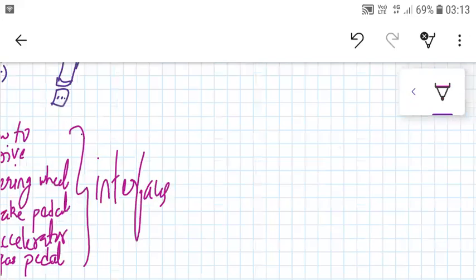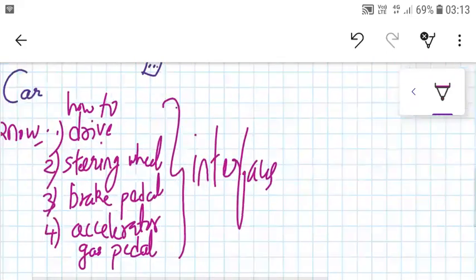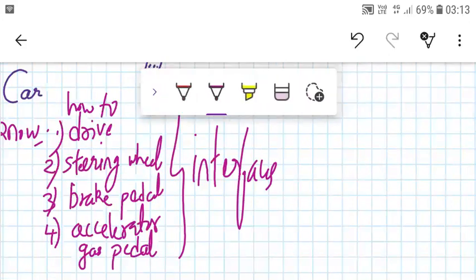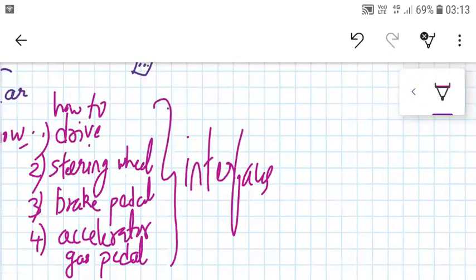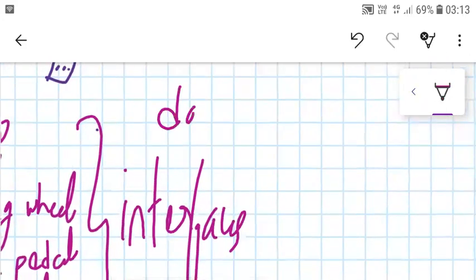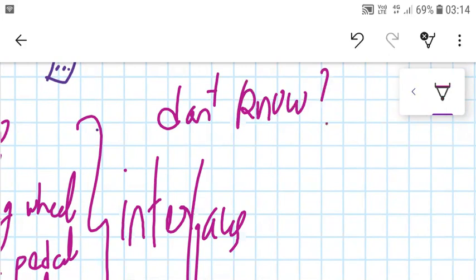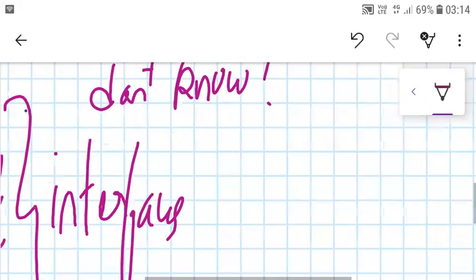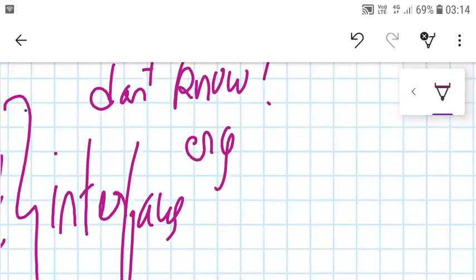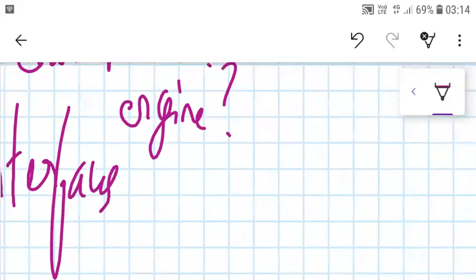And what we don't know about the car is how the engine works. So let me write it over here. What don't we know about the car? How does it work? What's really going on inside the engine? How does the gearbox work?